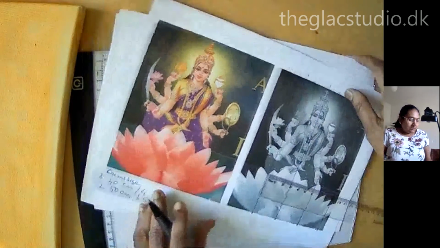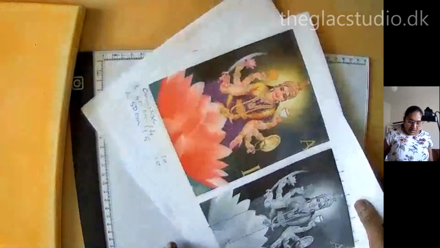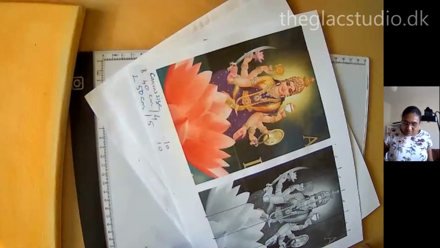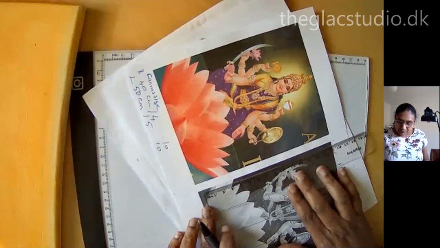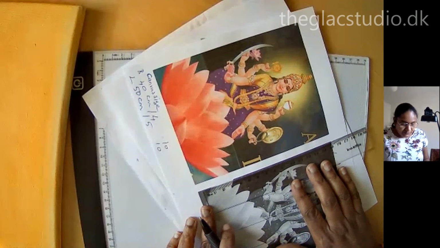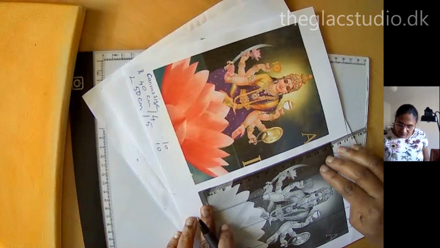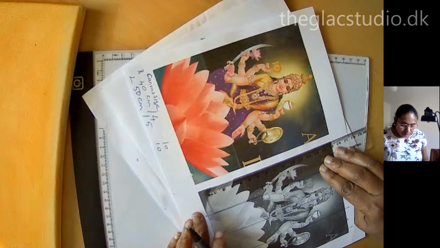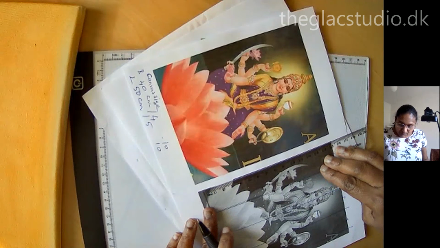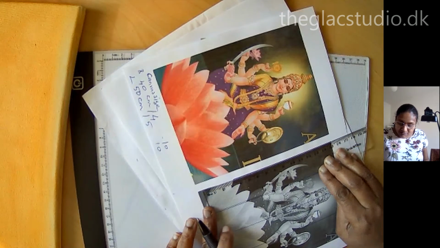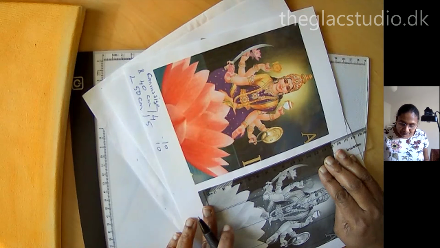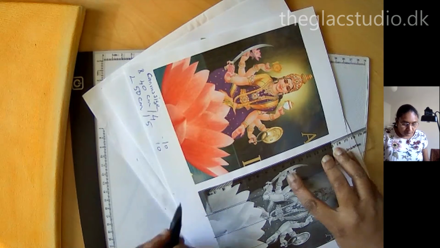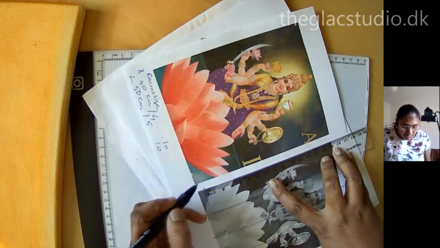The horizontal, it has to be divisible by 5. Then I would be looking at 5, 10, 15, 20. Let's see. I like 15. 15 works here. Very good. 15.